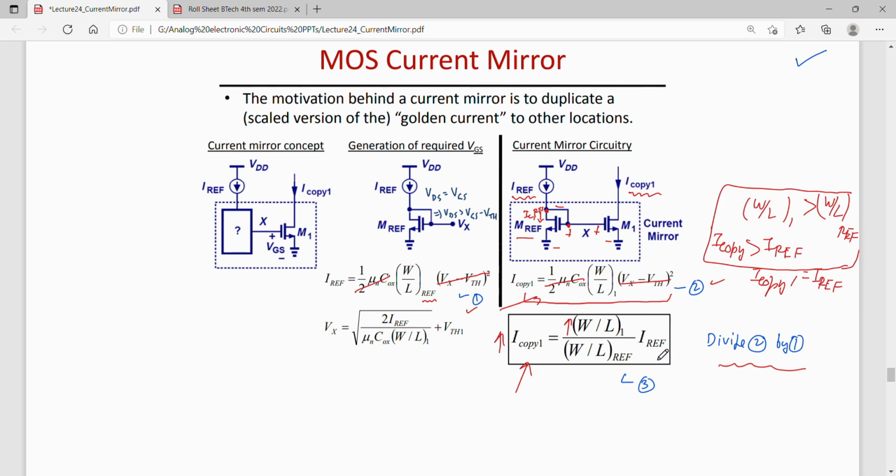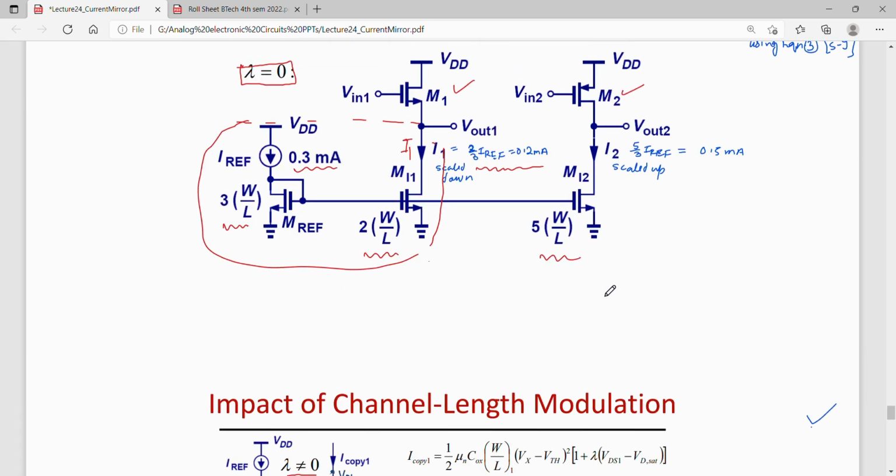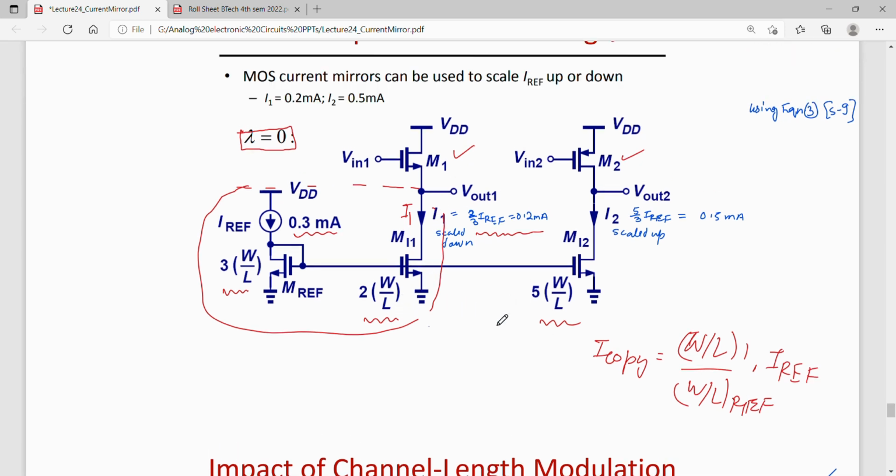So this is 2 by 3 of Iref, that means I1.